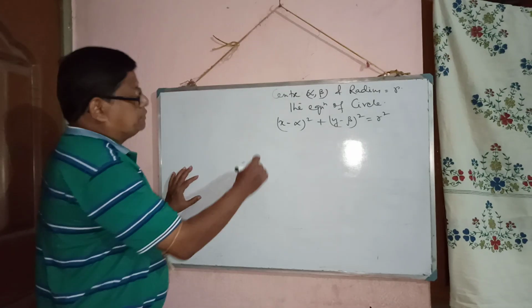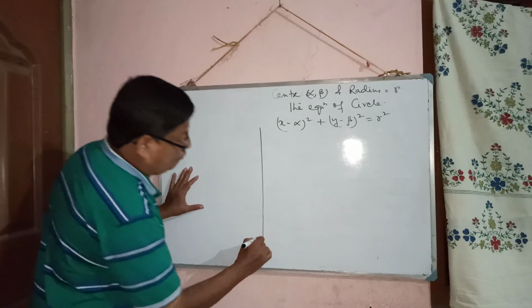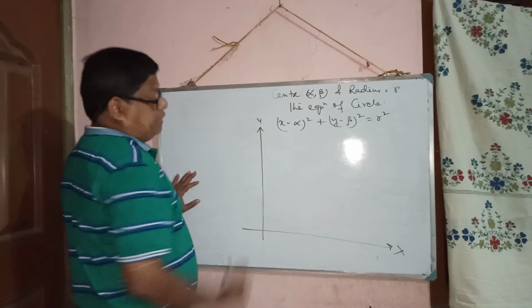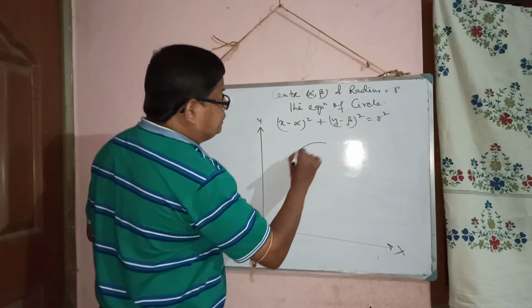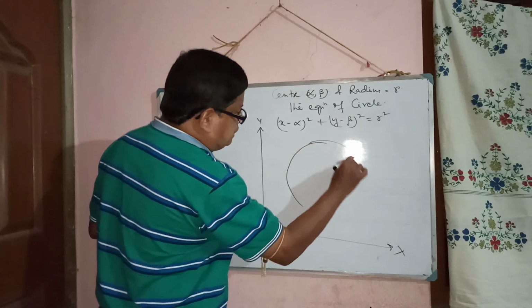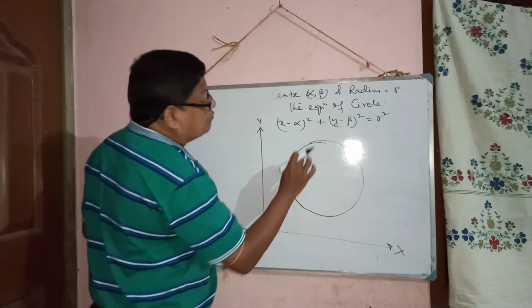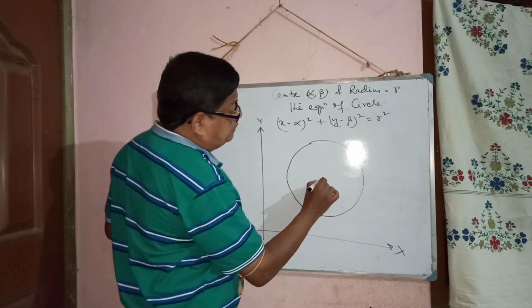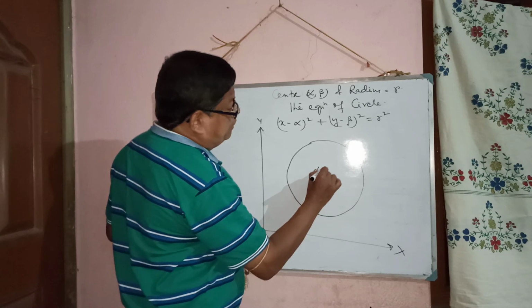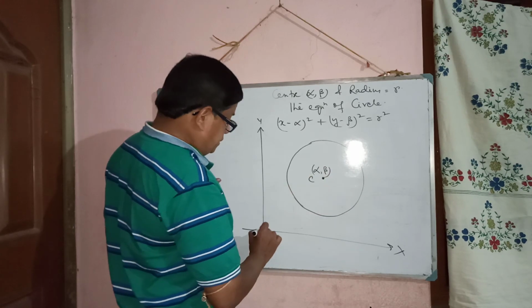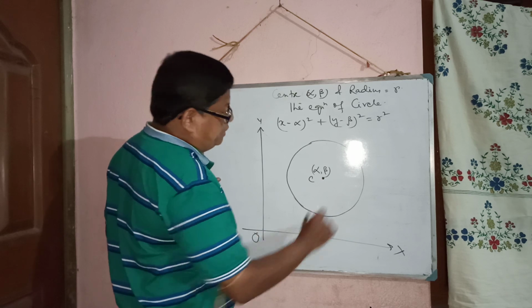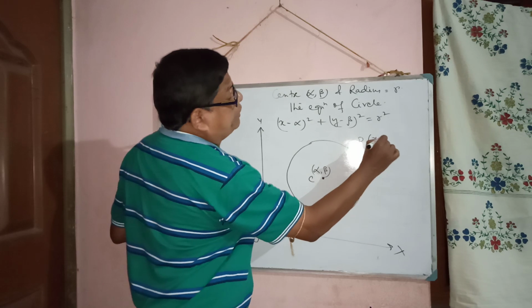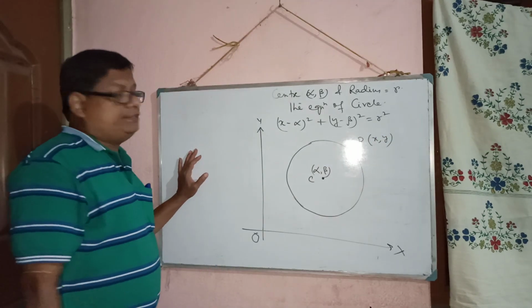Suppose here is the x axis and y axis. Now suppose one circle is there. This is the center, suppose alpha beta is C, and this is the origin. P is any point on the circle, P of x y.